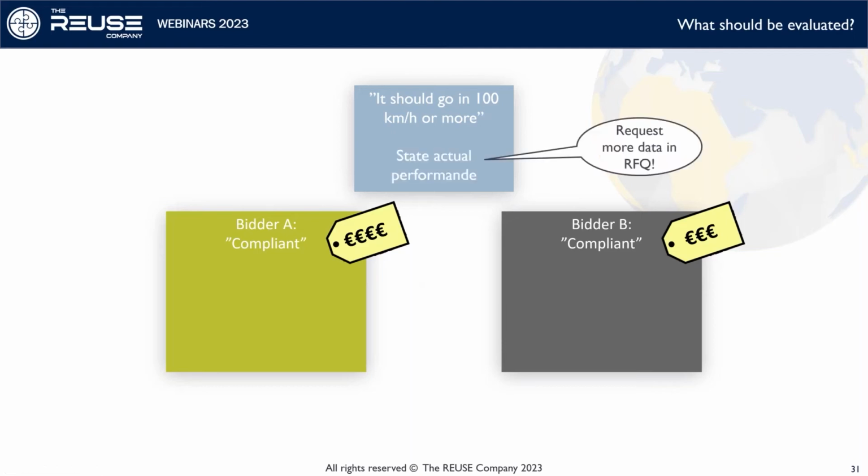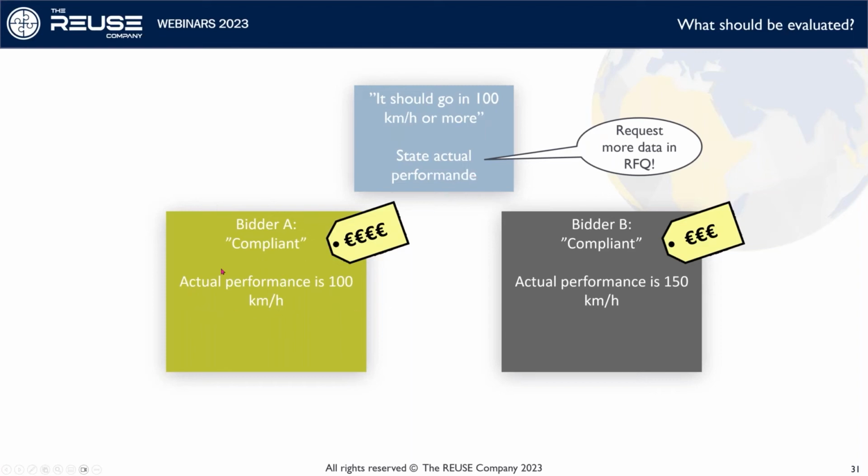You could optionally ask for more additional data, and this is something that you could do in the request for quotation. If you ask for data, you will get data from both or all bidders, and you will be able to use this in the evaluation. So perhaps you would ask for, in this case, actual performance.